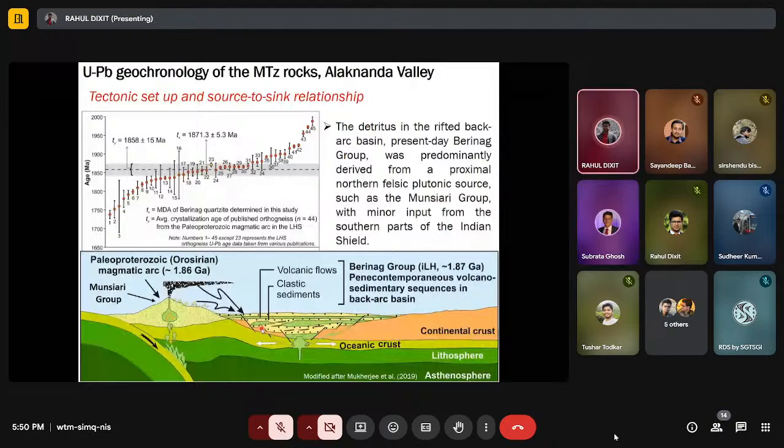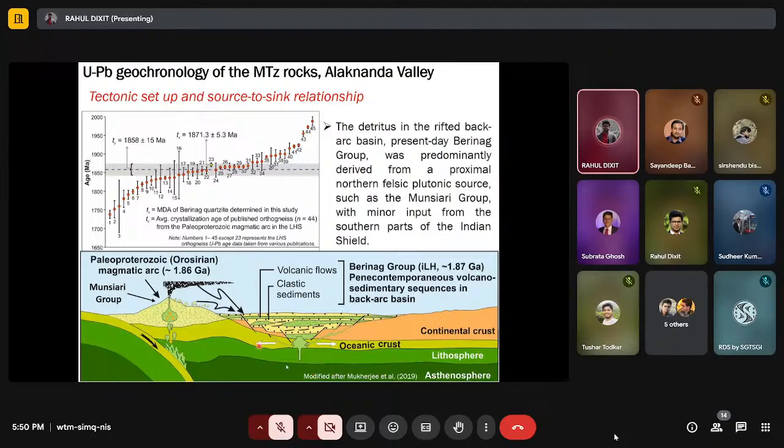We have not thought about it, but here, as we can see, this is the tectonic setup in the Paleoproterozoic time, and it is possibly the northward subduction that has been present, when this entire Munshiri group, or the present-day lesser Himalaya or the greater Himalaya, even the Tethyans, were part of the active Indian continental margin during that time.